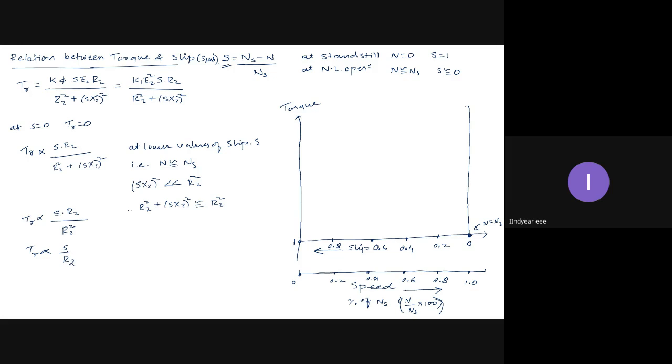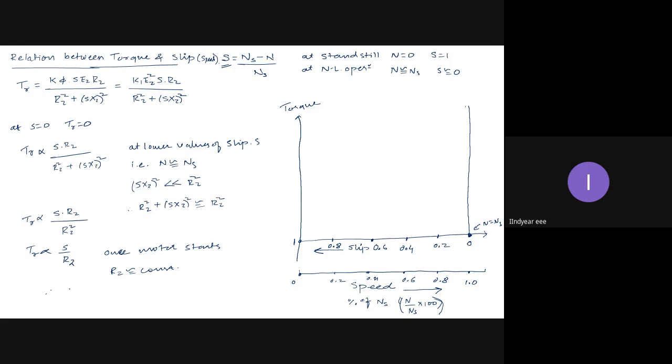Now we know once the machine starts operating, R2 is nearly constant.